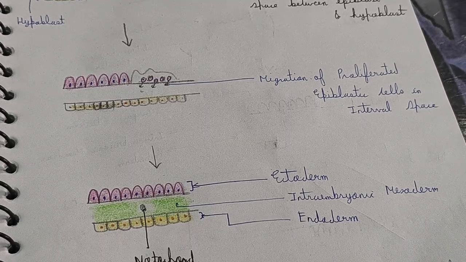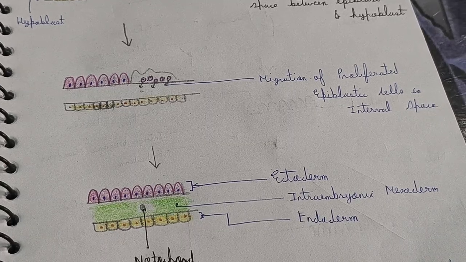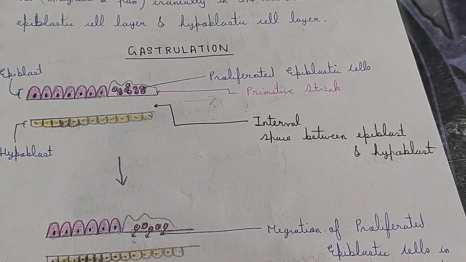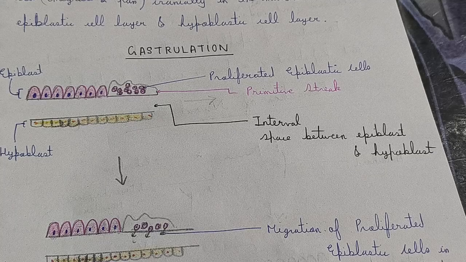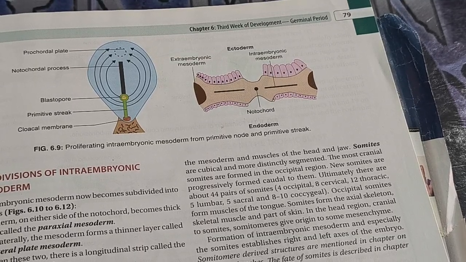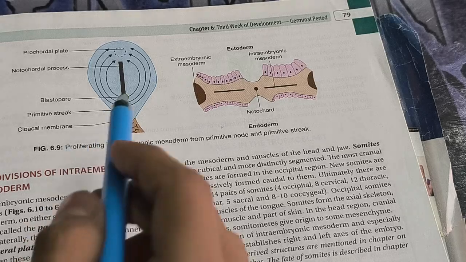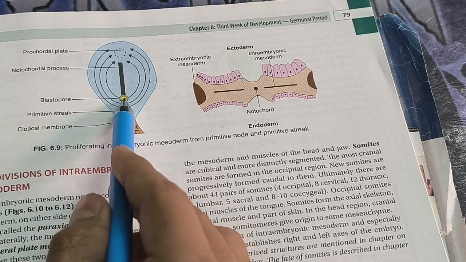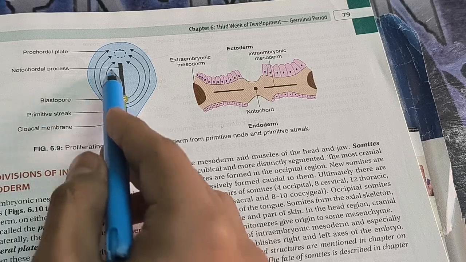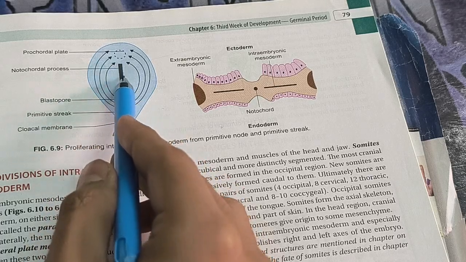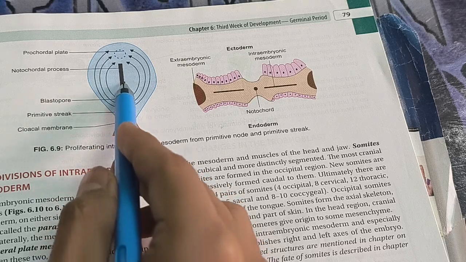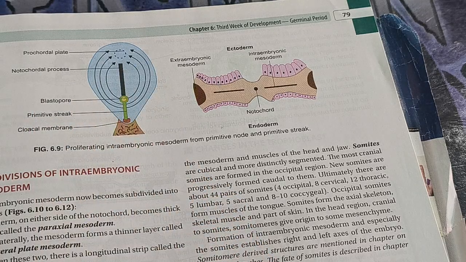Now there is a very important question: when these proliferative epiblast cells migrate, this is a diagram given in your book IBC. See that when these proliferative cells migrate in the interval space cranially in the midline between the prochordal plate and the primitive node, then only the notochordal process is made in the midline.